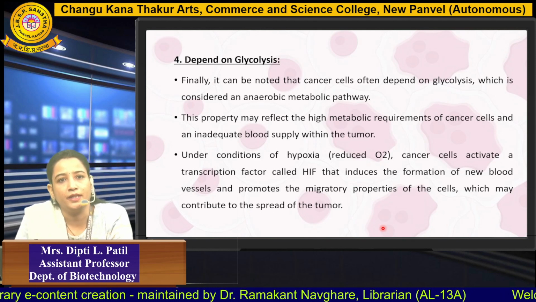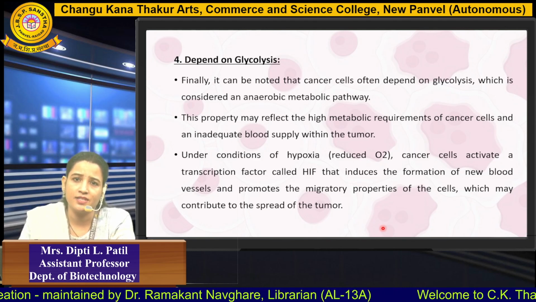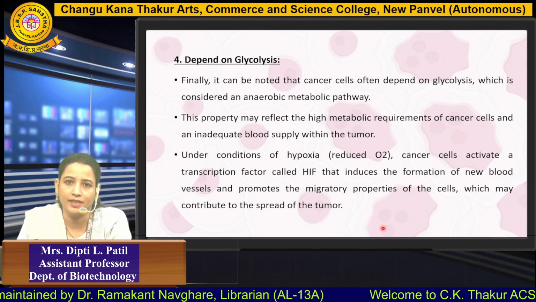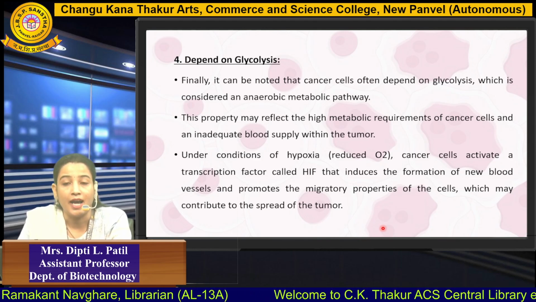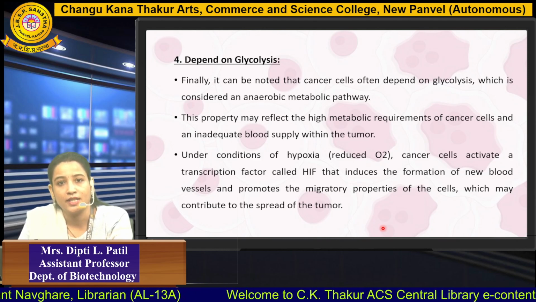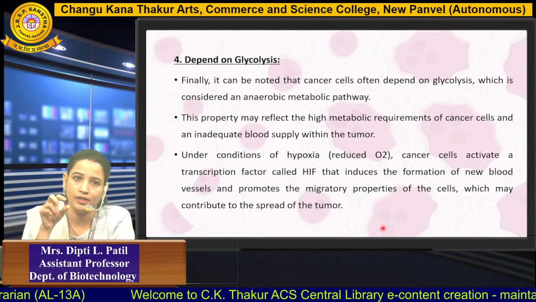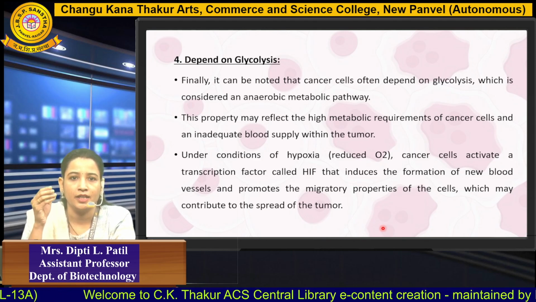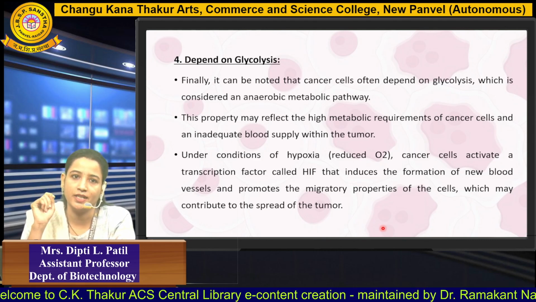Now, the next property is dependence on glycolysis. See, when cancer cells grow uncontrollably, their metabolic requirement is very high. But as the cells grow and form the tumor, the cells in the middle of the tumor don't get enough oxygen supply and enough nutrient supply.